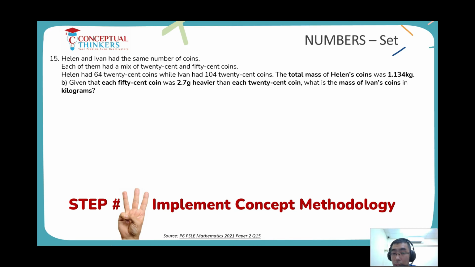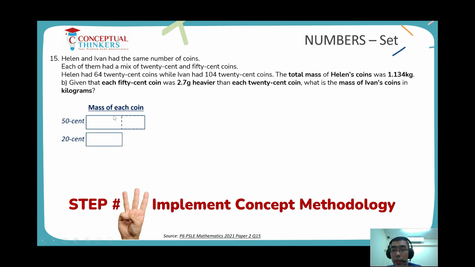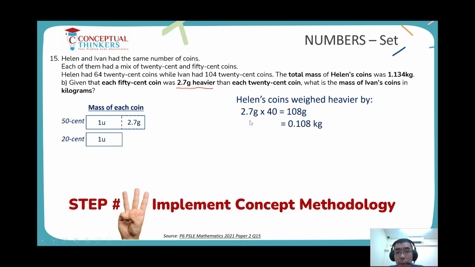Let's implement the concept methodology. So let's draw the model. For the mass of each coin, we are comparing with one set, which is 1 against 1. We notice that it's 2.7 gram heavier, and that is given by the question here. Then if you look at Helen's coins, it weighs heavier, and it's heavier by 40.